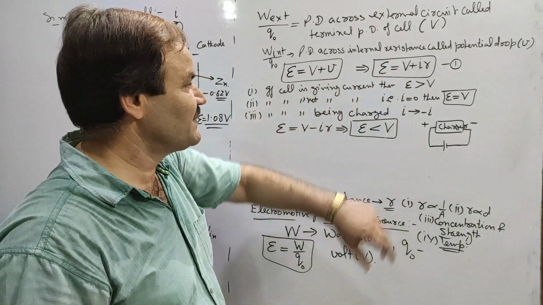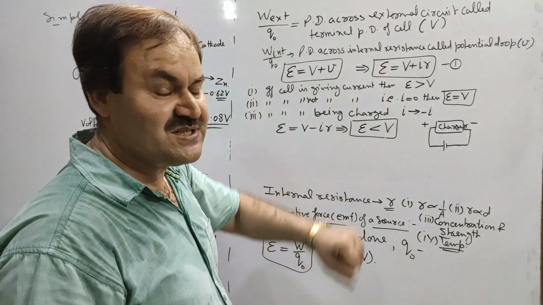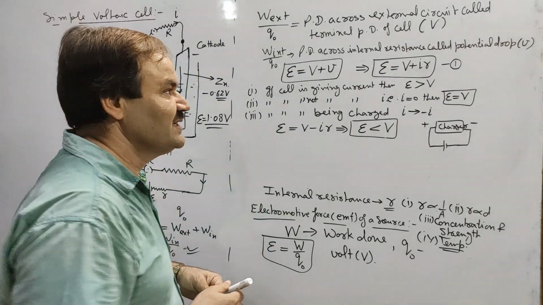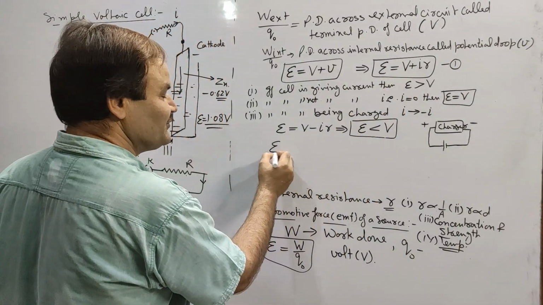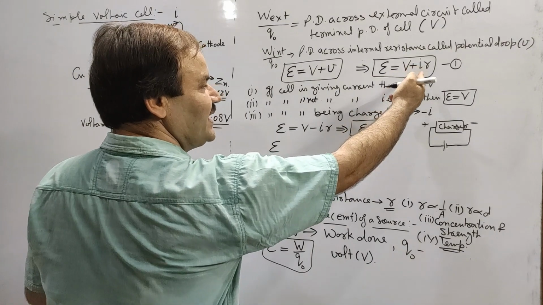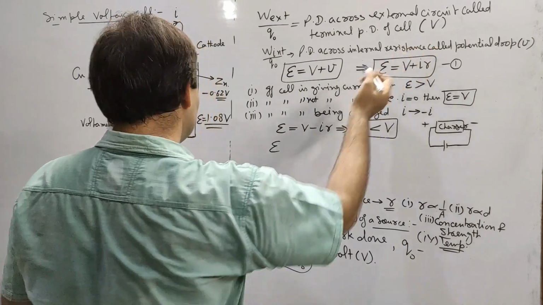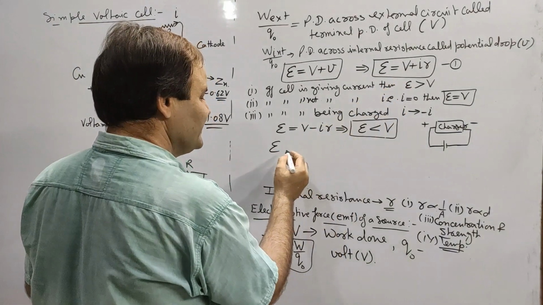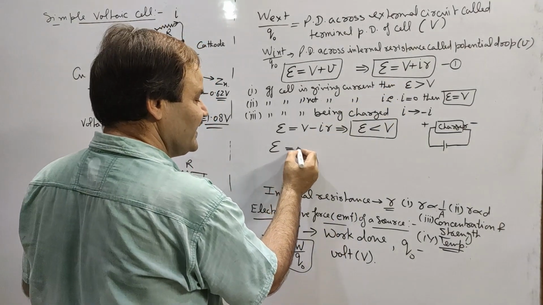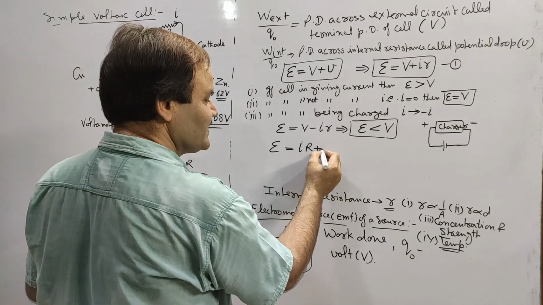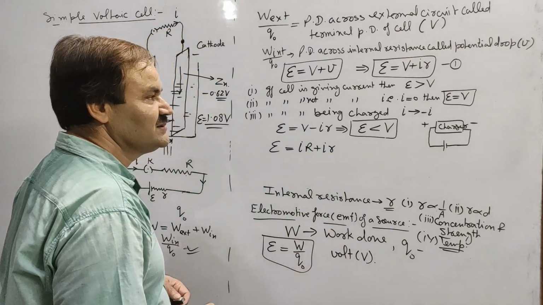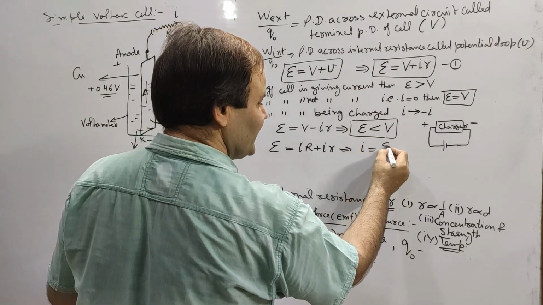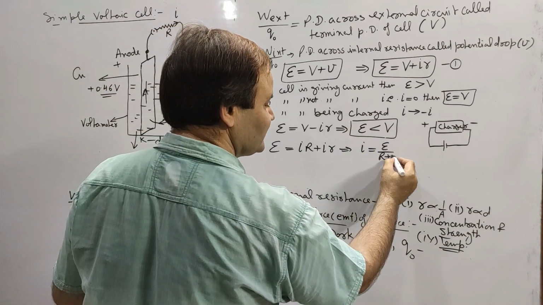Now we will use this expression to determine the expression for current drawn by the circuit from the source. If we put V is equal to IR, because the current flowing through the external resistance is also I, then E is equal to IR plus I into small r, and this will give I is equal to E upon R plus r.